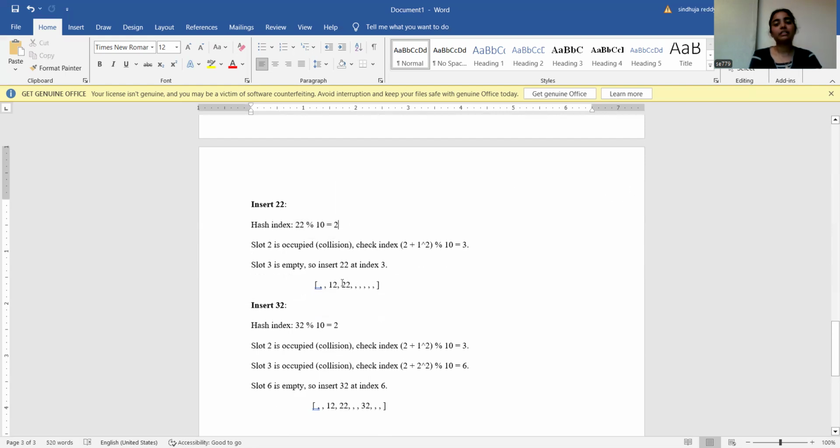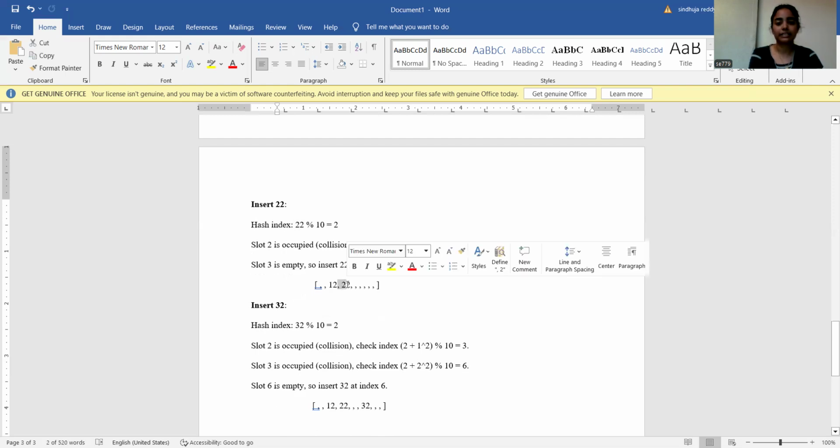In linear probing we just check whether the next index is empty, and if it is, we place it. But here we check the index plus 1 squared, which is 2 plus 1, so 3. It comes to the third index, so I place it here.